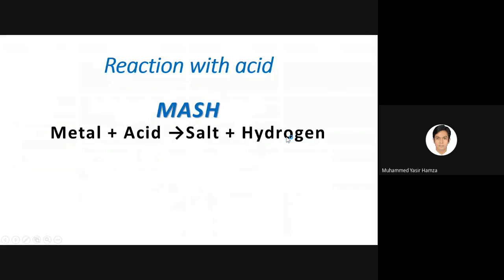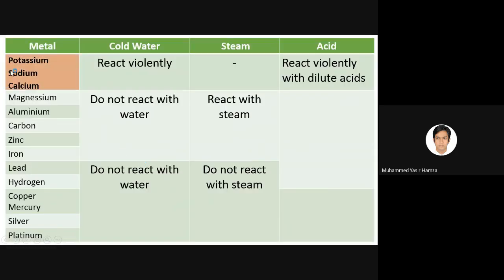As we know, when metal reacts with acid or water, it always forms hydrogen. Now, the top reactive metals react violently with dilute acids. Let's go through what is dilute.